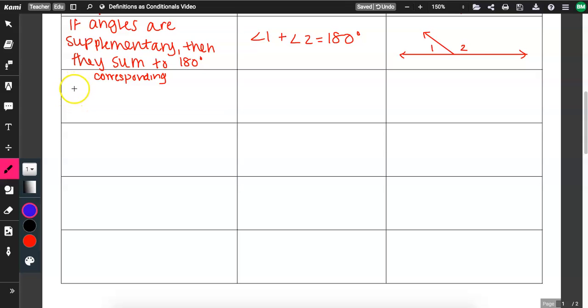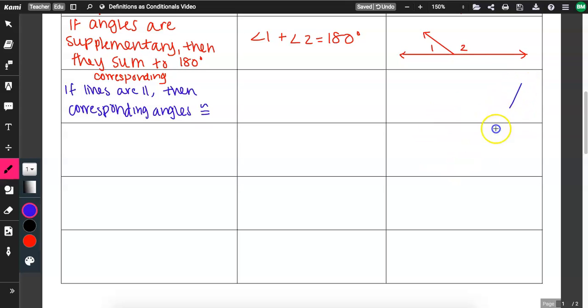So our conditional for corresponding angles: if lines are parallel, the 2 straight lines together is a symbol for parallel, then corresponding angles are congruent.